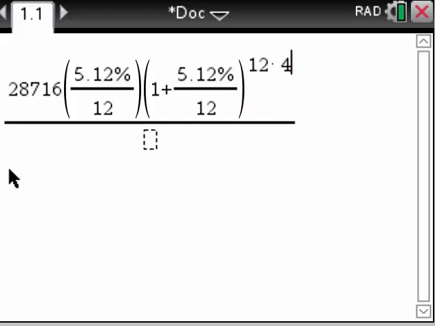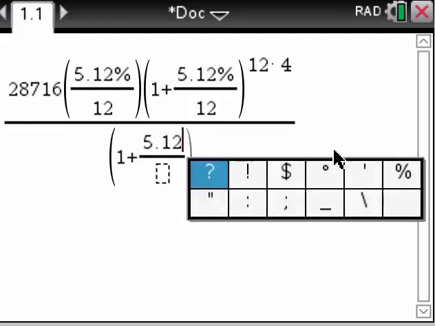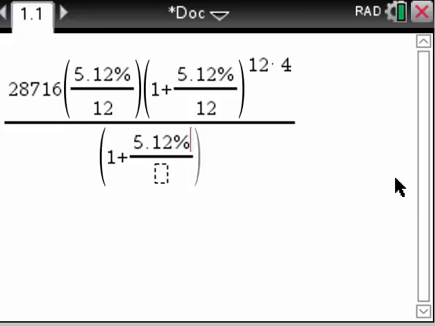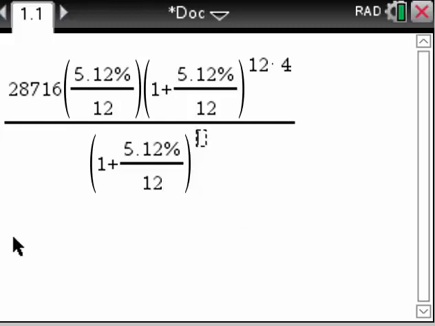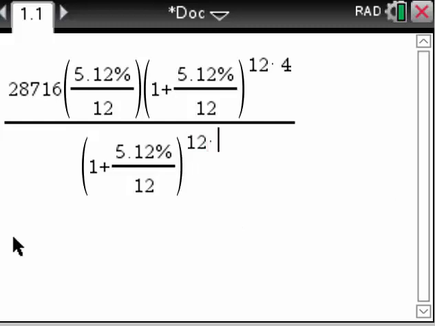12 times 4. Now we have to go to the bottom, so arrow down till you're in the bottom box. Parenthesis, 1 plus new fraction, 5.12, and then we need our percent again, over 12. Get out, hit the caret button, which is next to the x squared. 12 times 4.